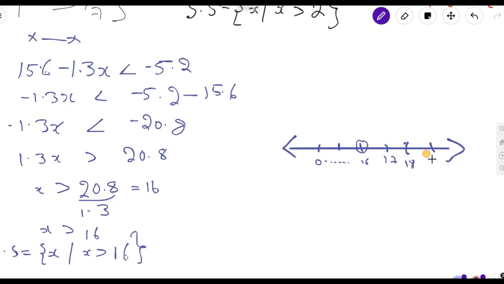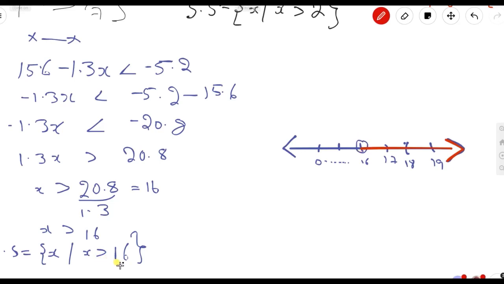You can use a different color, the line option, and a heavy stroke. Don't color the circle because you don't have the greater than or equal to sign here. 16 is not included in the solution. Okay, that's quite well.